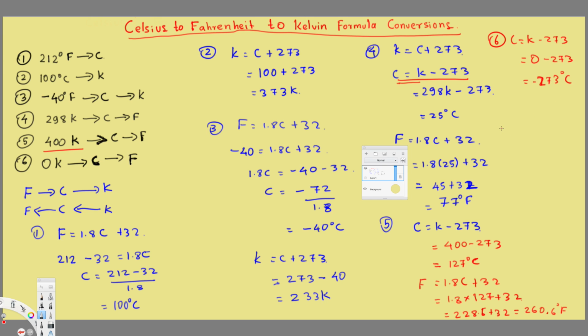Now we have to convert degrees Celsius into Fahrenheit. For degrees Celsius into Fahrenheit, we are going to use this equation right here. F is equal to 1.8 C plus 32.